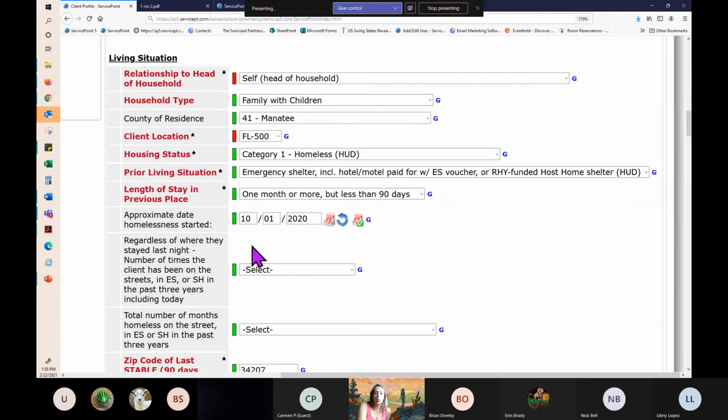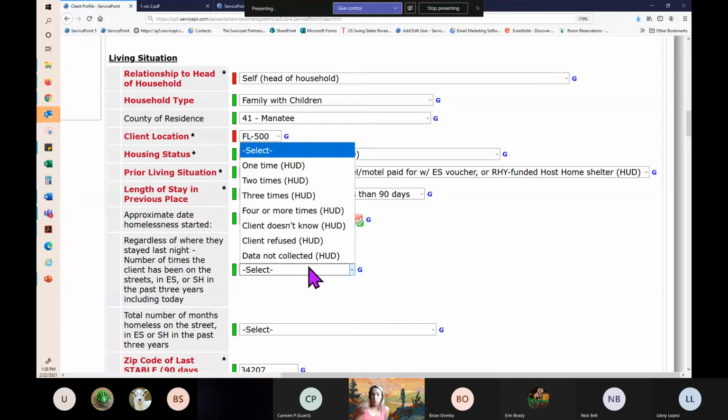We're asking the client, regardless of where they stayed last night, how many times in the last 3 years have you been homeless? And then we respond however the client responds. So we're counting back to 2018. How many times in 2018 were you homeless? Can you remember if you experienced any homelessness in 2018, or any homelessness in 2019 or 2020?